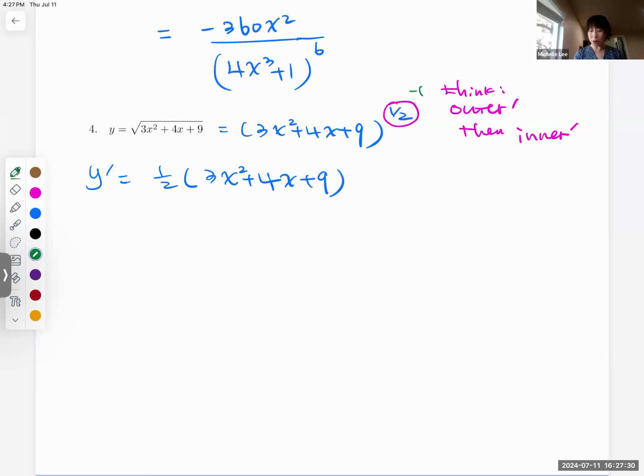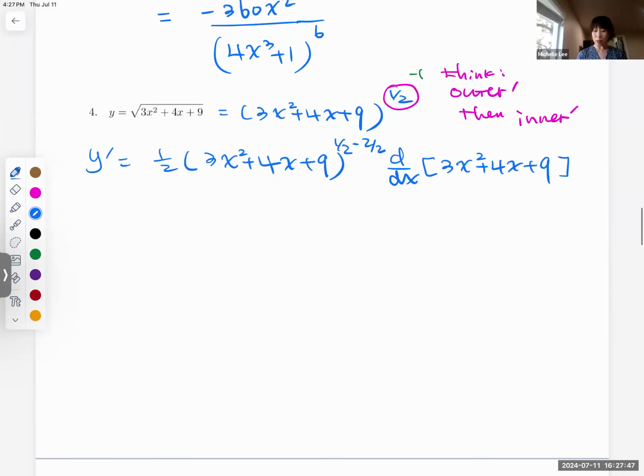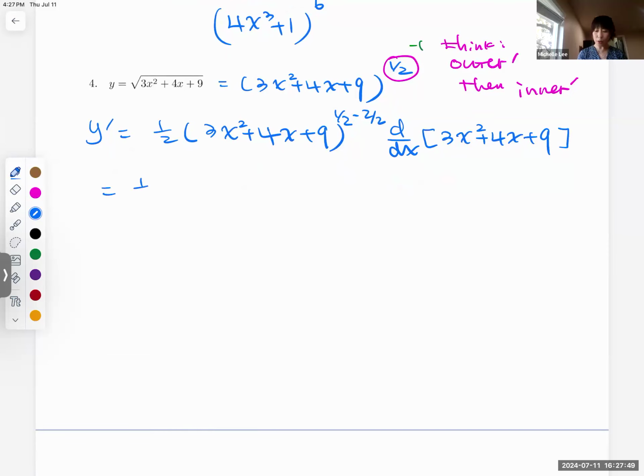So minus 1 means negative 1/2. And then what's the inner? 3x squared plus 4x plus 9, right? Okay, now 1/2 times 3x squared plus 4x plus 9 to the negative 1/2.